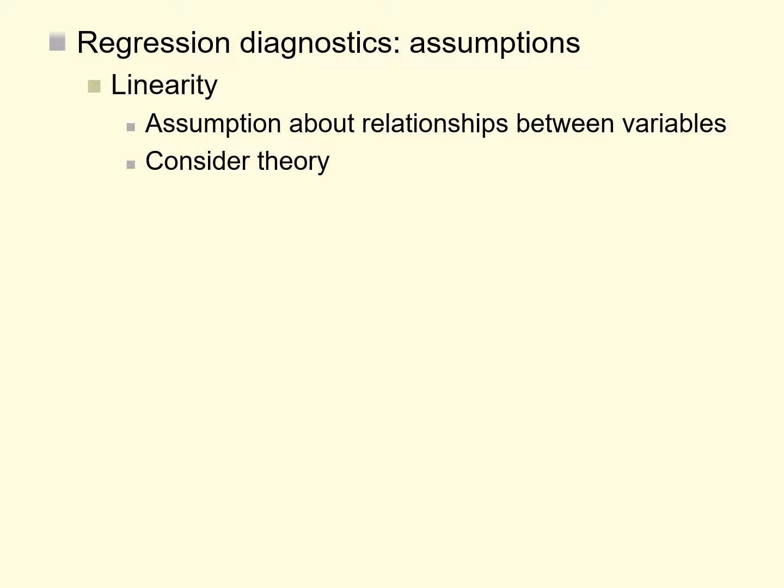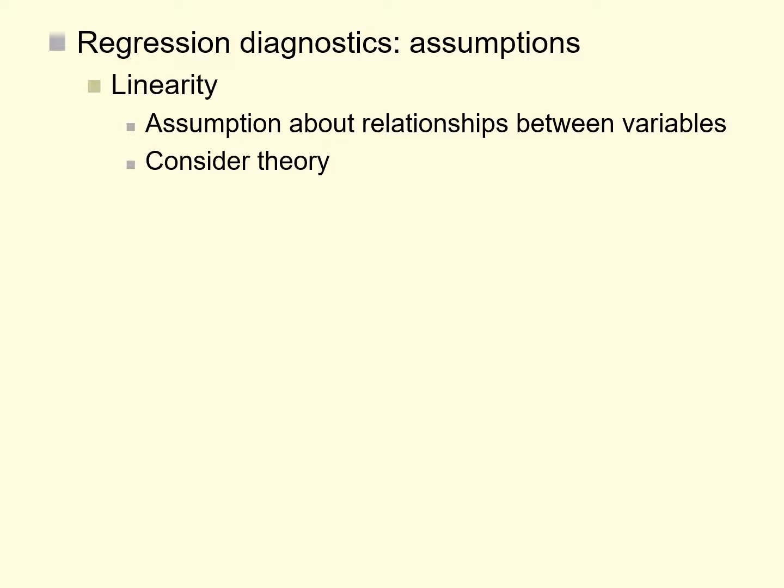We assume that the relationship between, for instance, television watching and achievement can be described by a rectilinear line. It's not the case that there's a curvilinear relationship between those two variables. Or we assume that the moderating effect of ability occurs in a rectilinear, straight line fashion, either more or less moderation.